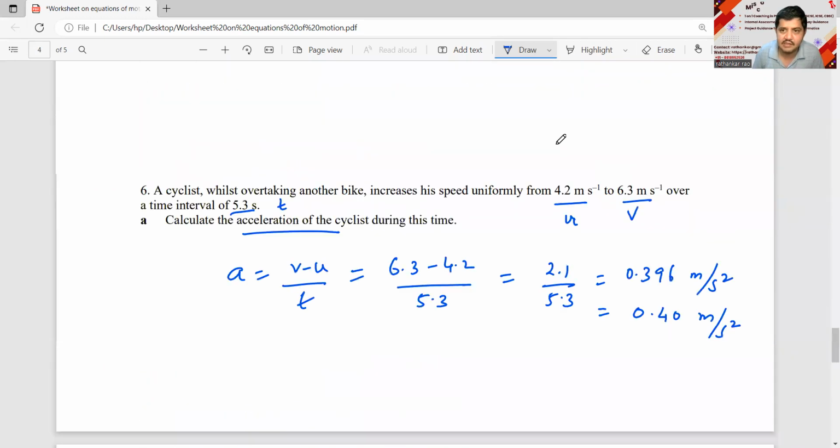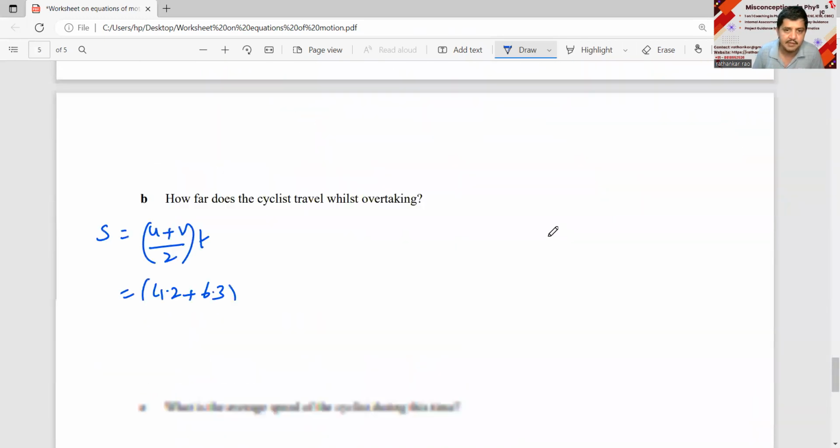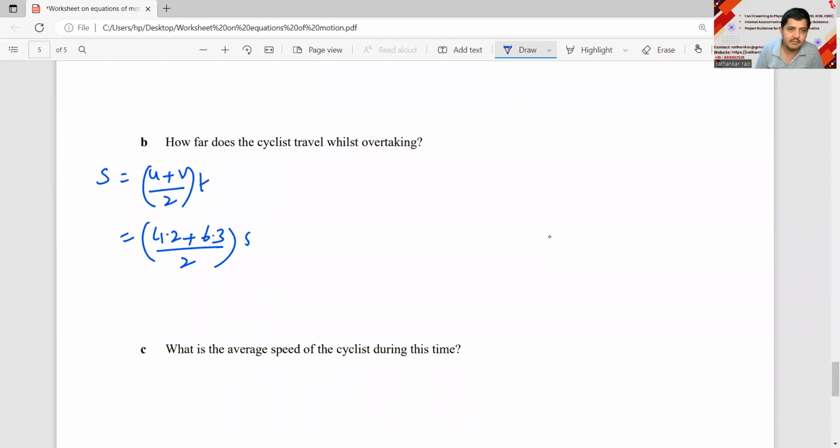What is t? t is 5.3. So let us calculate this. 4.2 plus 6.3 is 10.5 divided by 2 is 5.25 multiplied by 5.3 should be 27.825.